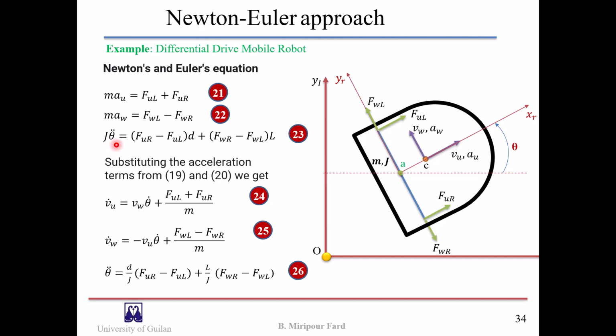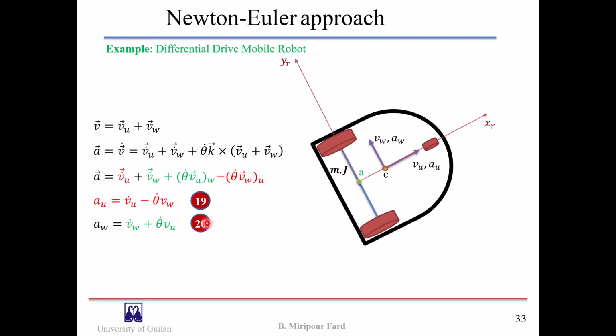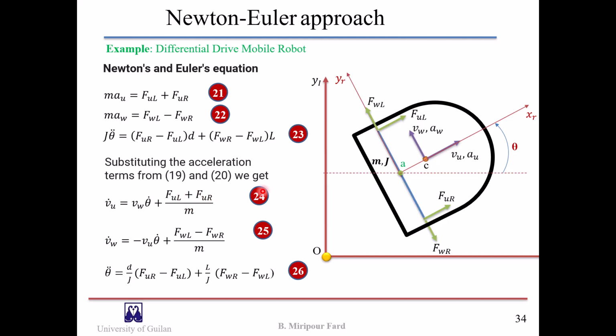And for the moment equation, we will have J times theta double dot equals F_UR minus F_UL times D, where D is the distance between the force and the center point, plus F_WR minus F_WL times L, where L is the distance between A and C. Substituting the acceleration terms from 19 and 20, we get these equations, equations 24, 25, and 26.